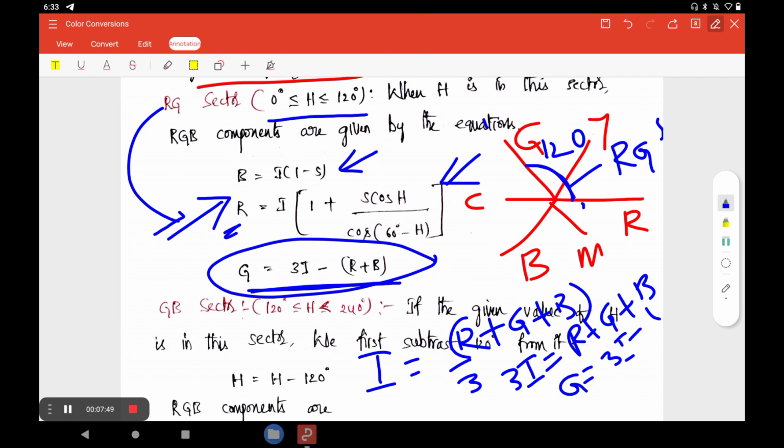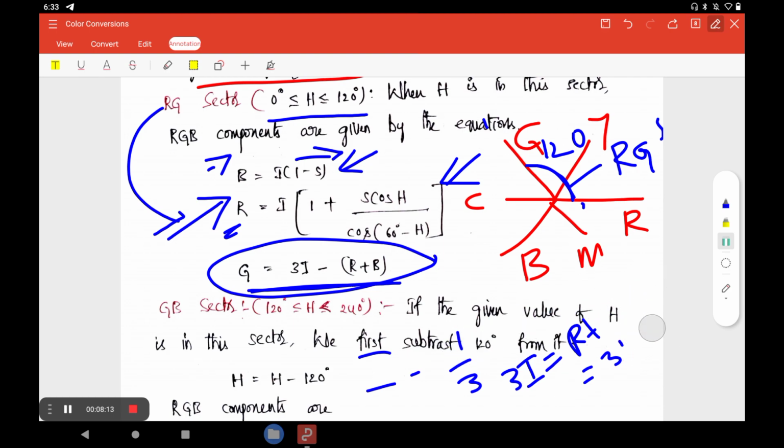So B is equal to the overall intensity value into 1 minus saturation of the color. Saturation is nothing but how much the color is diluted from the pure color. Therefore if you are subtracting that, diluted means missing, right? So 1 minus S gives us the blue color. That is the shortcut way you have to remember that value. So that's why I am trying to give it at your level. Okay. So that is the scenario.